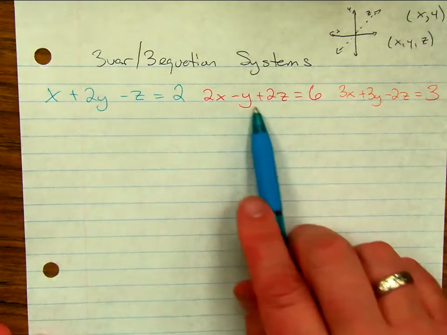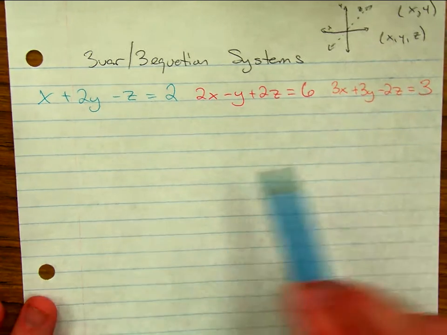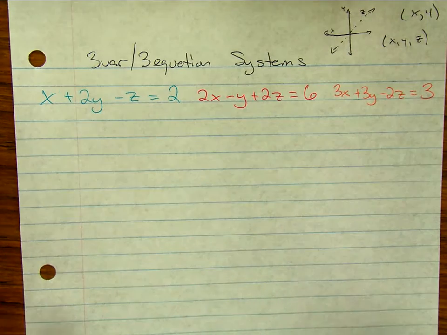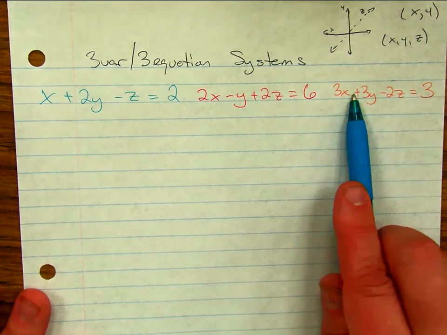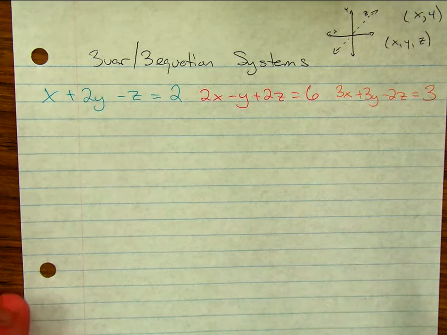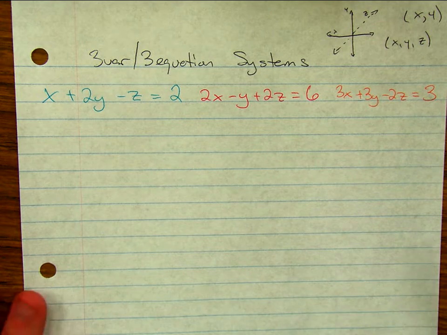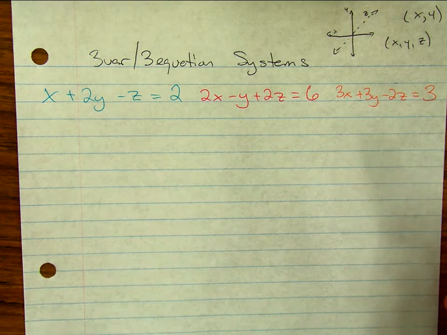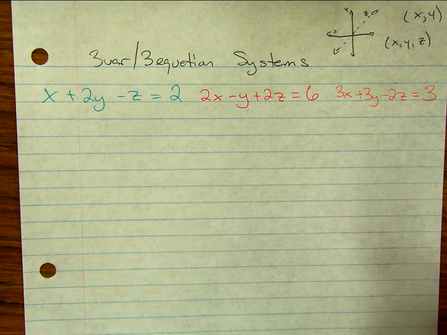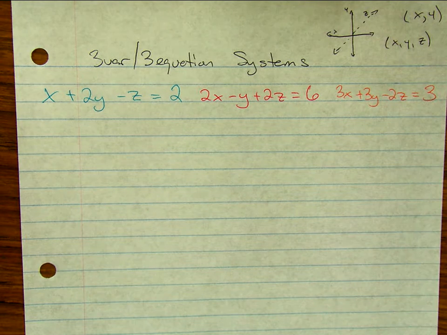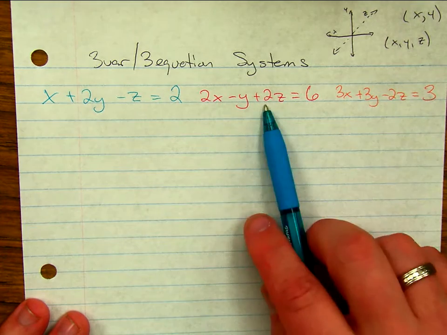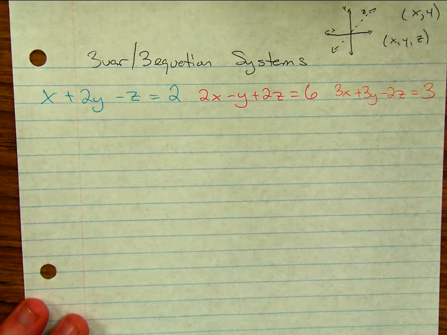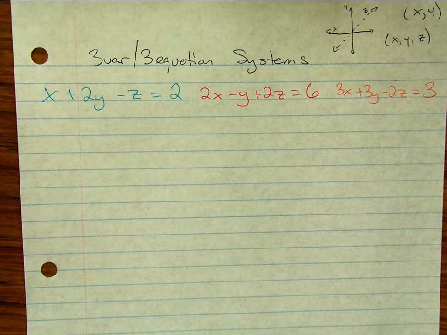I could match up the y's, wouldn't be too hard, but trying to get the 2 and the 3 to match, or you could have the negative match with positive 3y, the negative match with the positive 2y. That's not so bad either. Or even we could match the z's. This is a problem where there isn't one that really stands out as the easiest thing. Me personally, I would eliminate the z's, but since we're dealing with a negative and a positive, I know sometimes that throws a few of you, so I'll just match the x's.